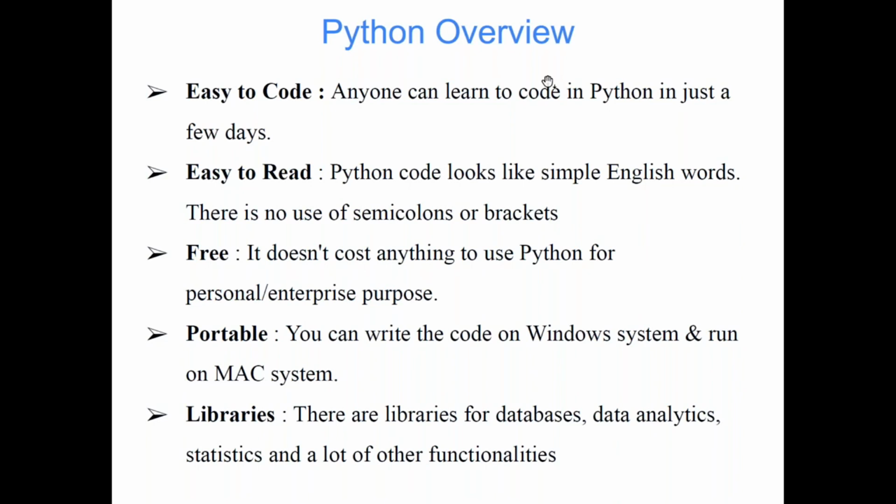So when we say high level, that means even a non-developer, a non-technical person, if he or she looks at the code, can understand a little bit, because there's some if condition, so anyone can understand that, okay, if this condition is true, then do that. If this is not true, then do that, something like this. So this is very easy to code. Anyone can learn to code in Python in just a few days.